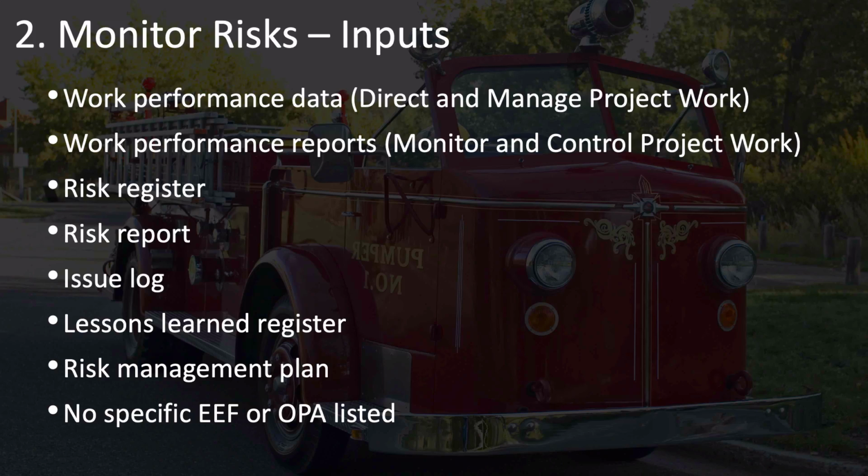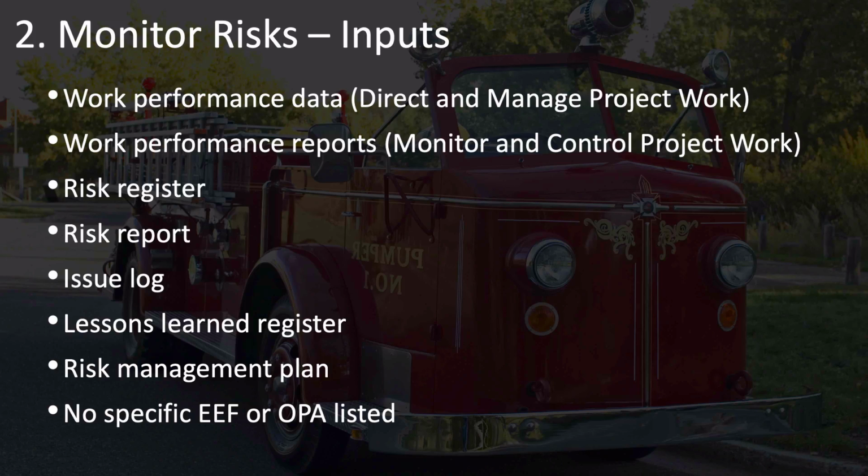The work performance data will include details about risk responses that have been implemented and risks that have actually occurred and risks that are still active and what their status is, as well as risks that no longer are an issue.